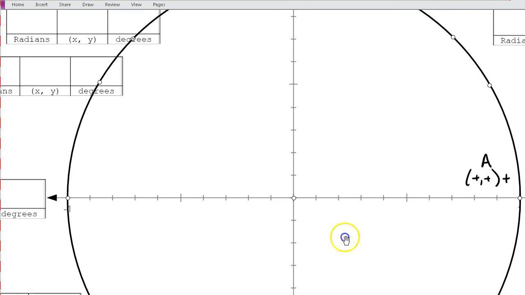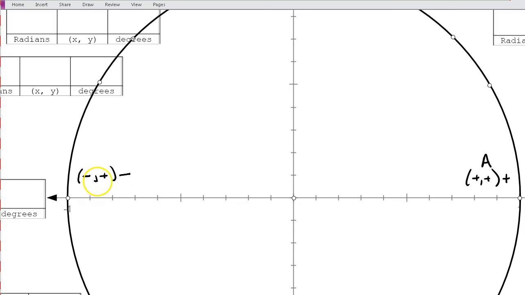And then when we move over to the second quadrant, over here I know that the x is negative because we're going to the left, and the y is positive. So when I divide these two values, it's actually going to be the y divided by the x, but we'll talk about that also. We're going to end up with a negative.